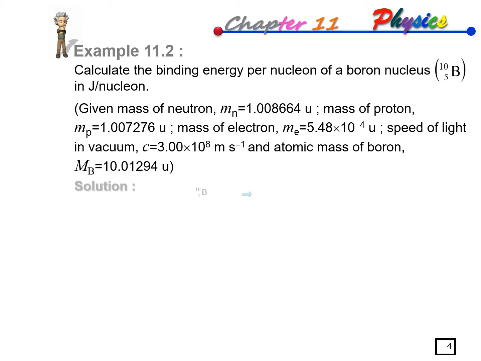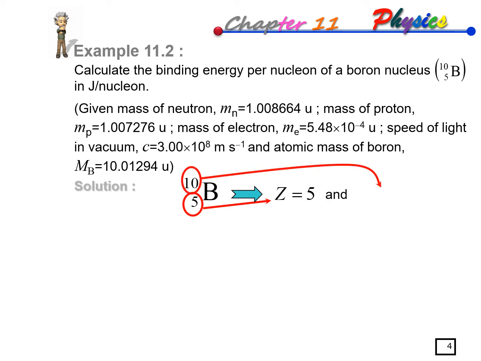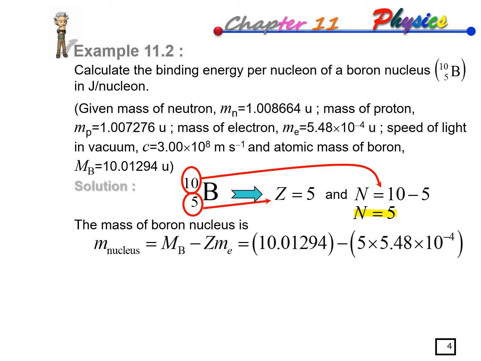So for problem solving, same method. We have proton number 5, nucleon number 10. From here we can determine the number of neutrons, which will be 5. The mass of the atom is given, so we need to determine the mass of the nucleus, which is the atom minus the mass of the electrons.